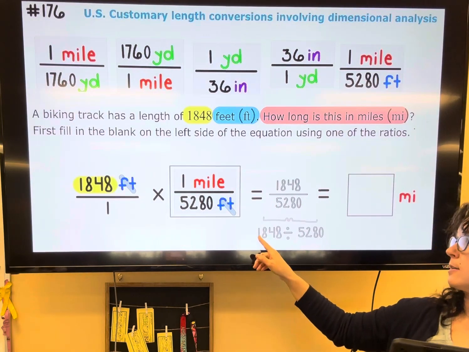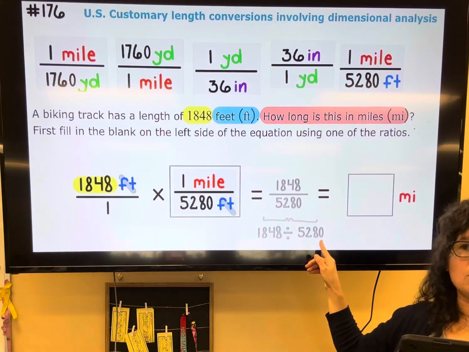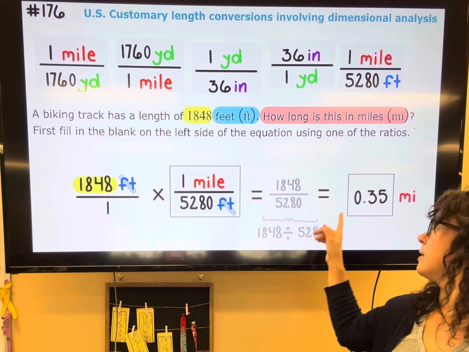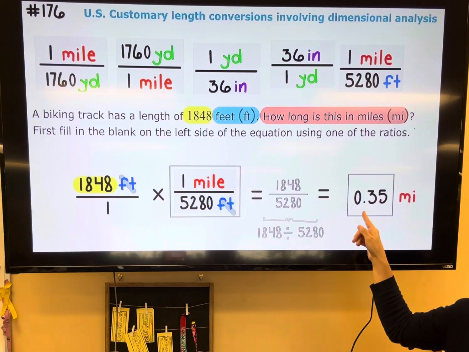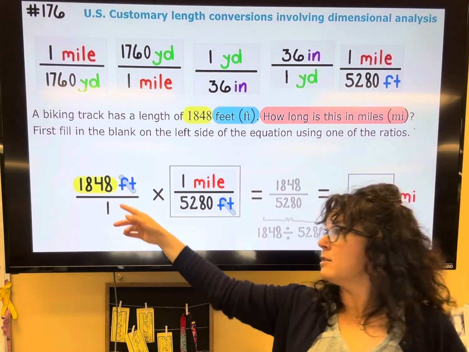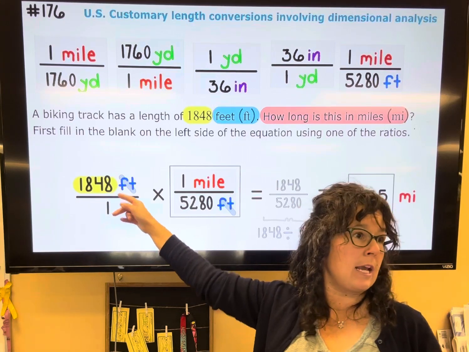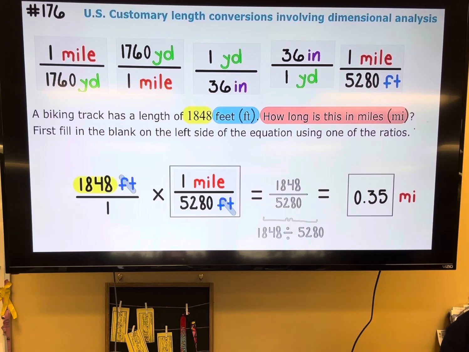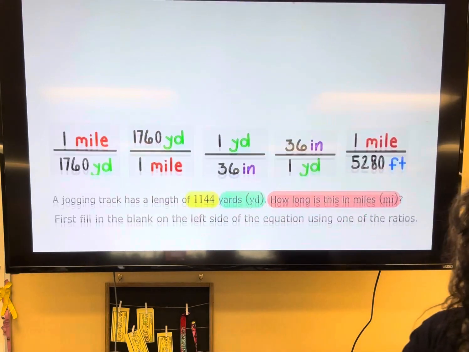So this is the division problem. If you type that into your calculator and divide, you end up with 0.35, and that's how many miles. So how many miles is 1,848 feet? It's about 0.35 miles.